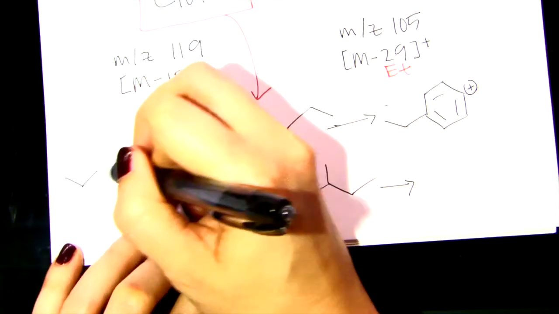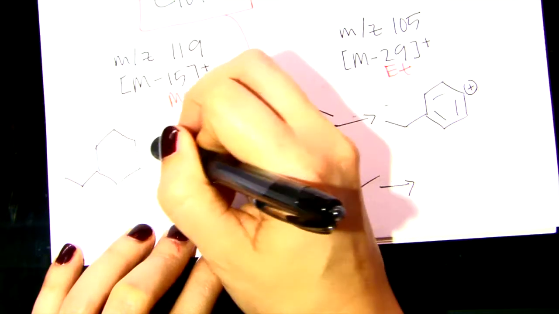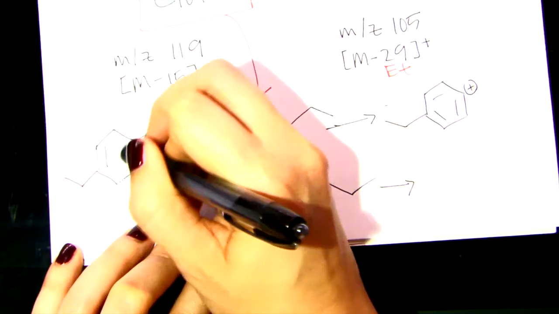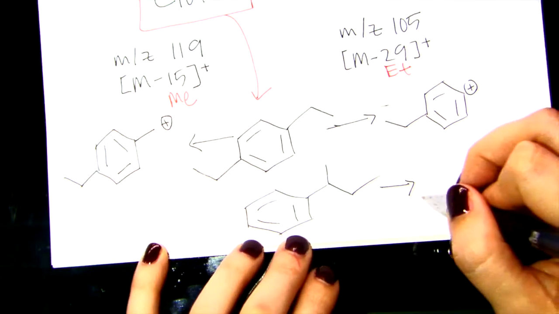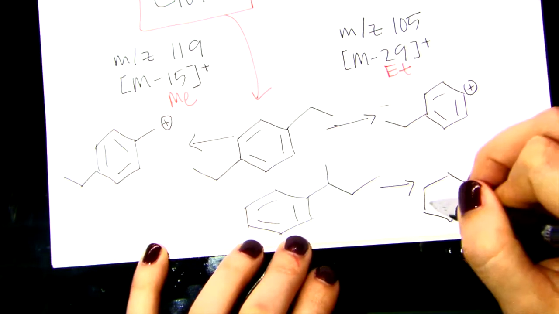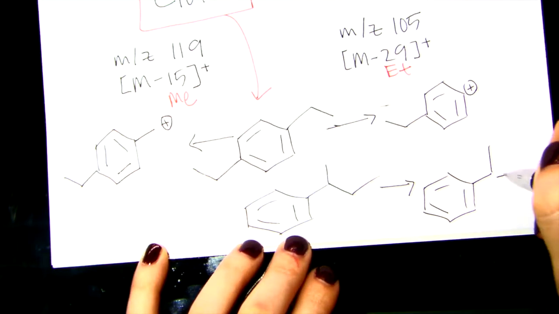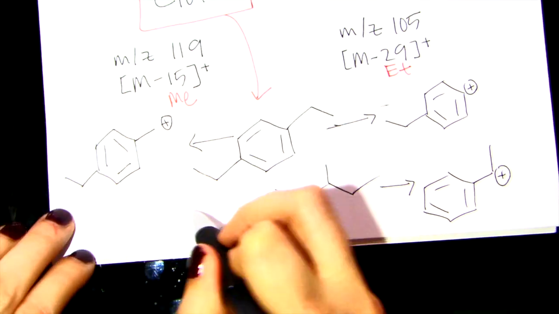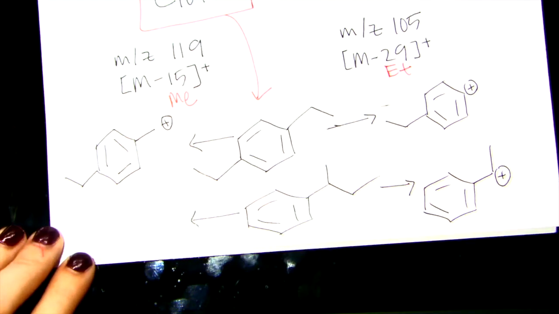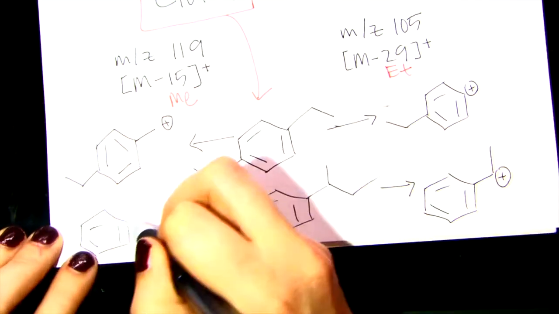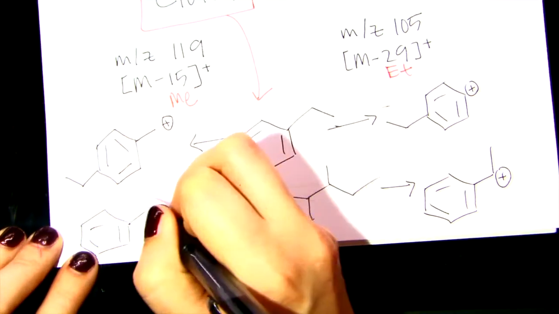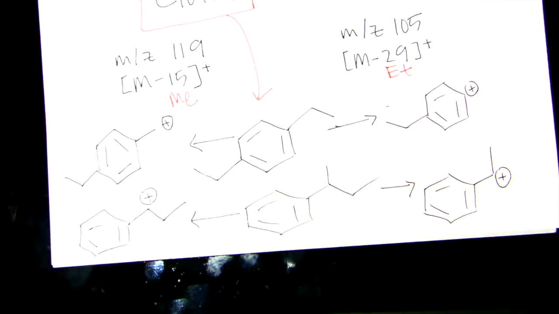Or this as your fragment with the lost methyl. Or like this one, if you lost your ethyl, right, you could get there. Or if you lost your methyl, it's more likely you lose that methyl because then you can get the benzylic one.